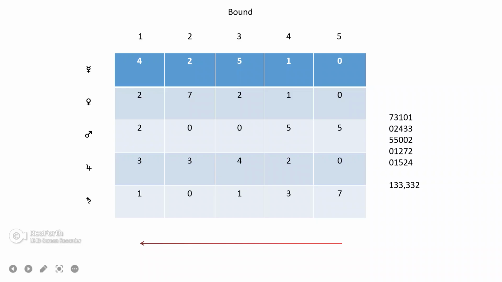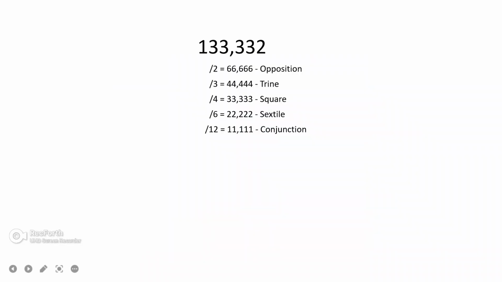Super bizarre. And then I did it again, from the bottom right to, this time, 7,300, 101, and so on. Again, 133,332. So I started to wonder what this number in fact was doing and why it was so important and why I kept on finding it.